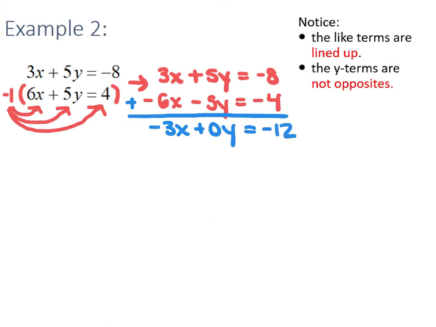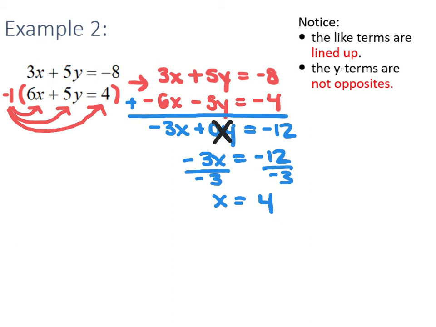And again, since this is a 0, I don't even have to write it down. My equation really is -3x equals -12. Now to solve for x, I would divide both sides by -3, so you would get x equals 4.